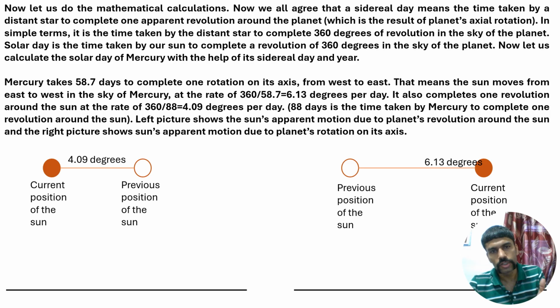The left picture here shows the sun's apparent motion due to the planet's revolution around the sun, and the right picture shows the sun's apparent motion due to the planet's rotation on its own axis.